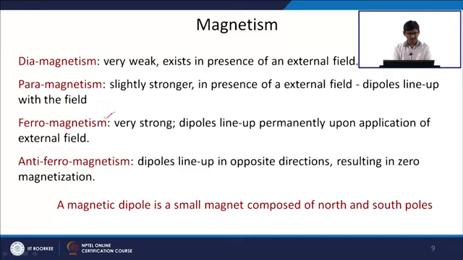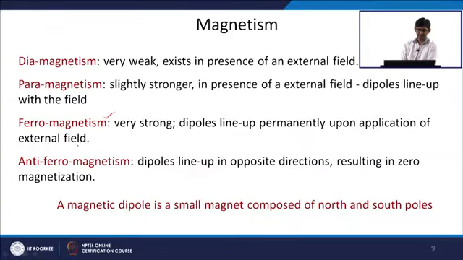All these magnets show ferromagnetism, which is very strong magnetism, because the dipoles line up permanently upon application of external field. So, when you apply the external field, they permanently show magnetism. So, ferromagnetism will always show magnetism once you have induced the magnetism in that particular material.